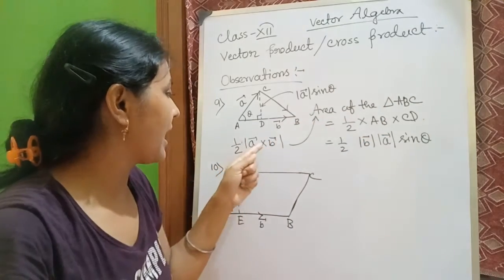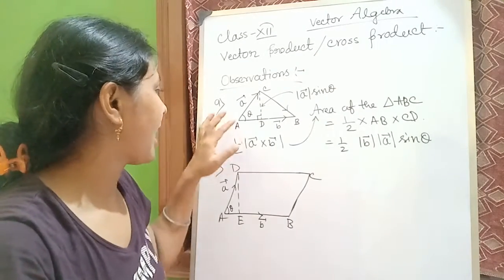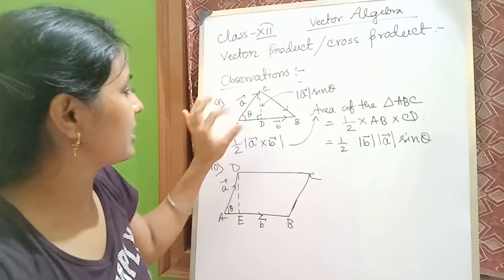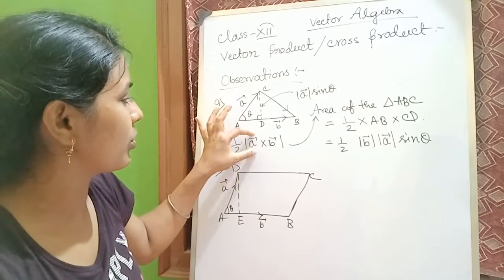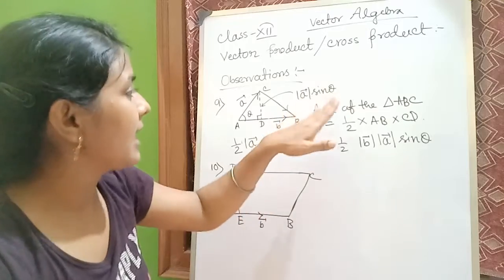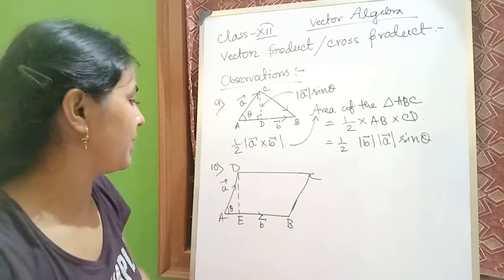That means A and B must be two adjacent sides and co-initial vectors. So if two vectors we are getting as A and B, two co-initial vectors, then the area of the triangle will be half mod of A cross B.